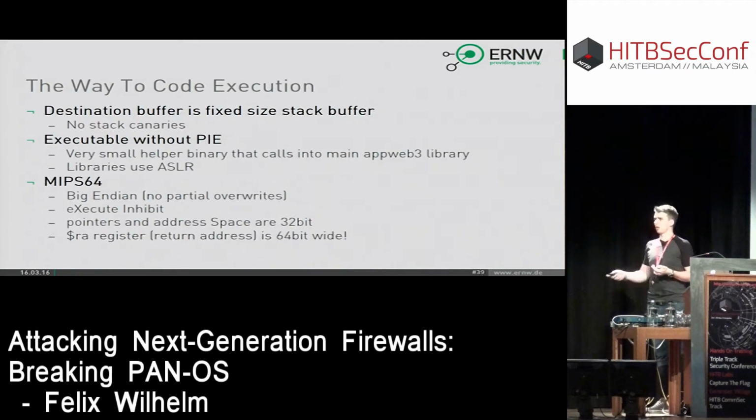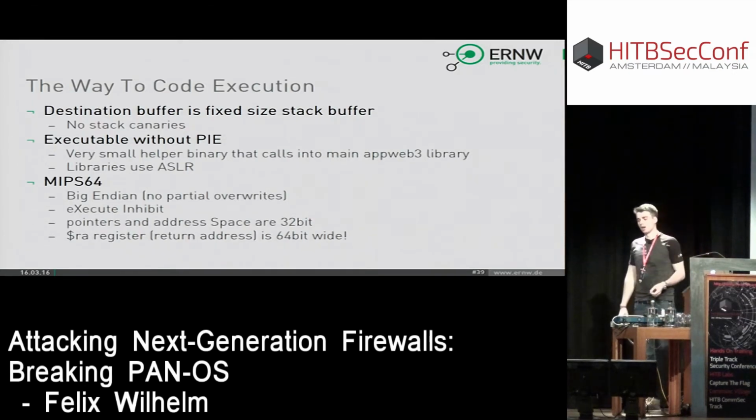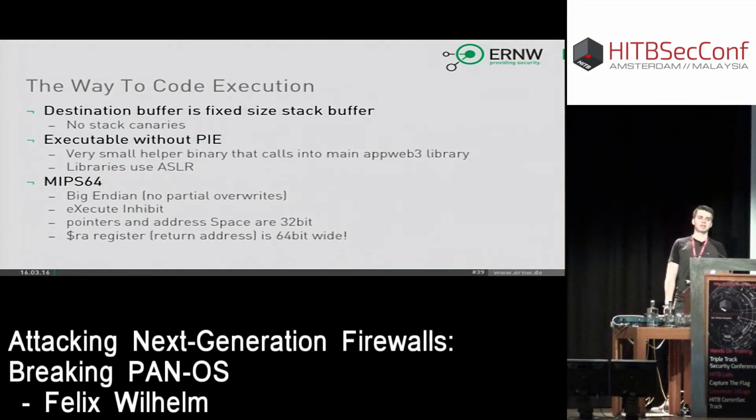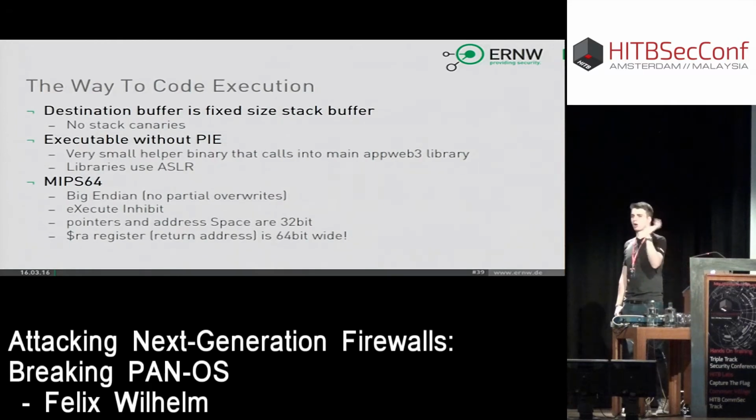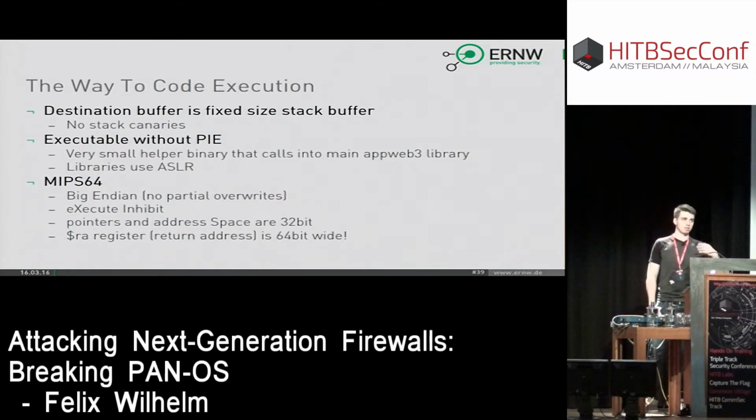First of all, it's a big endian system, so the most significant bytes are at the lowest address in memory, which means we can't do partial overwrites. On x86, a little endian system, we can overwrite the least significant bytes and do ASLR bypasses that way. That's not possible on MIPS 64.